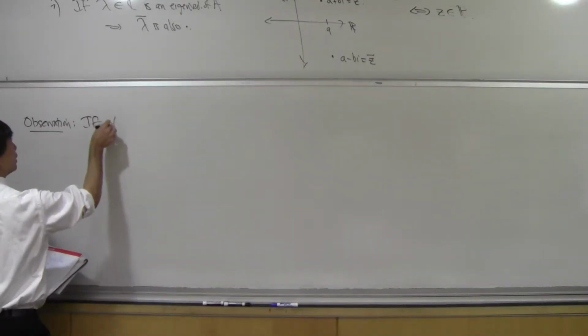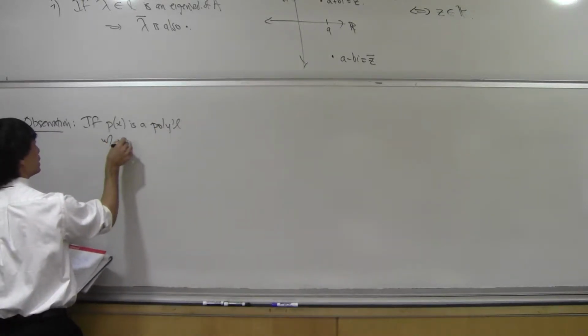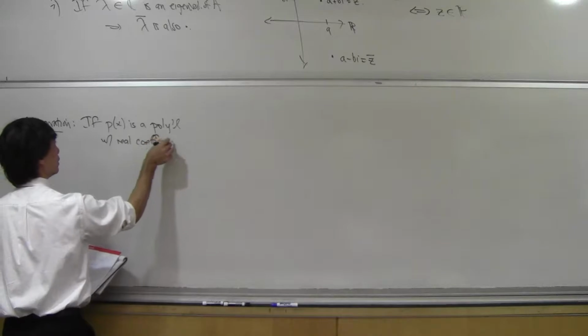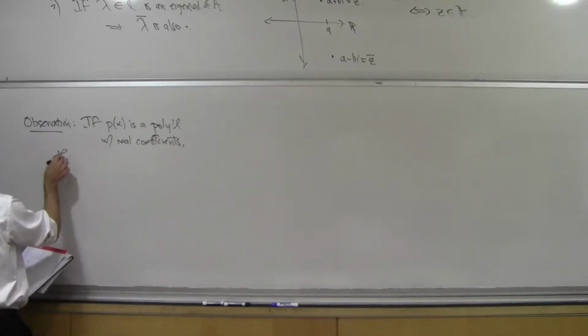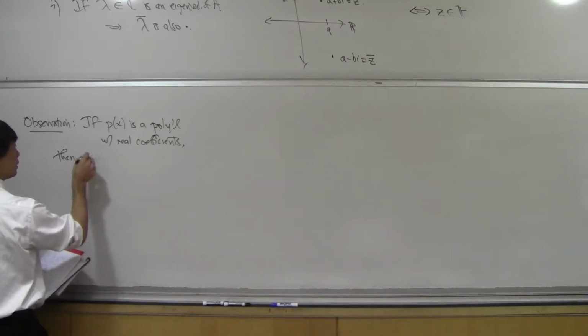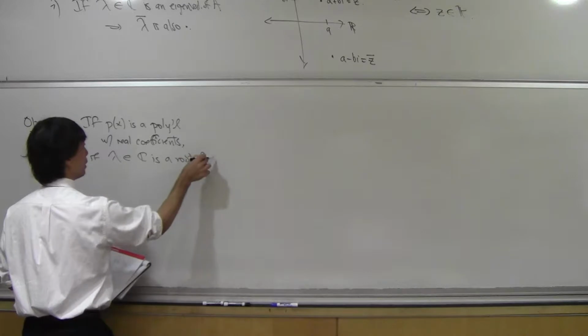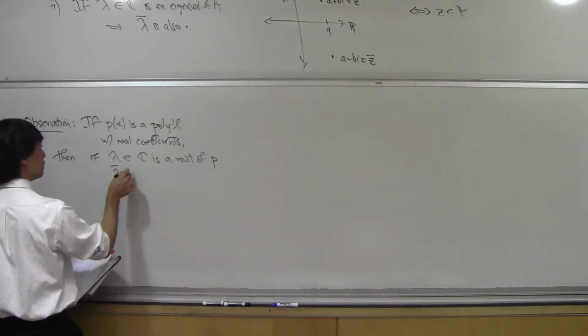Okay. So let's make an observation. If P is a polynomial with real coefficients, then if lambda is a root of P, then lambda bar is also.